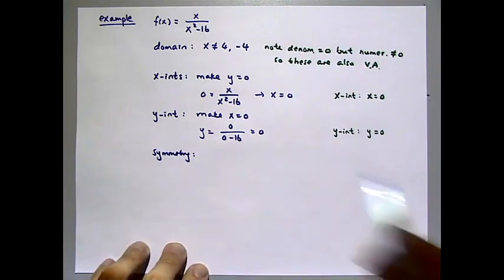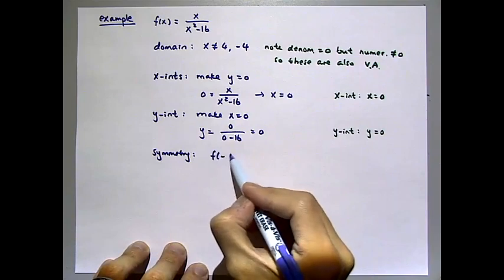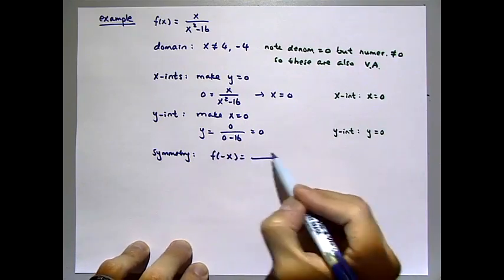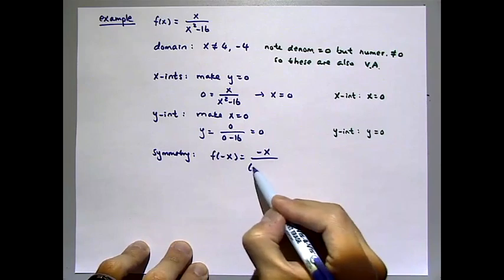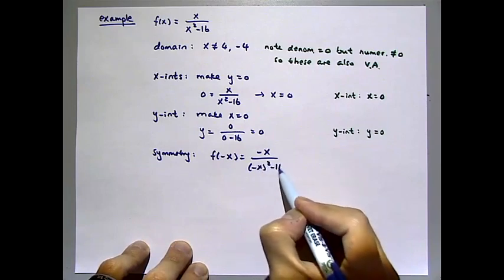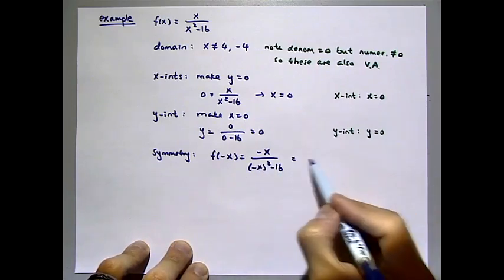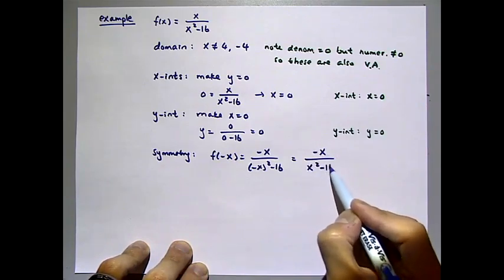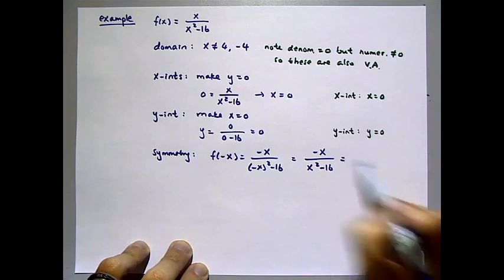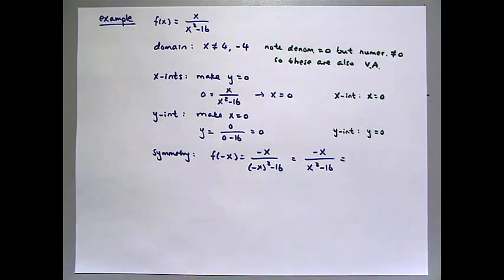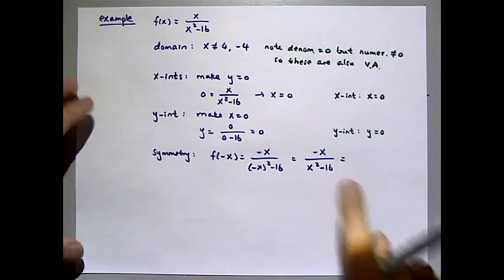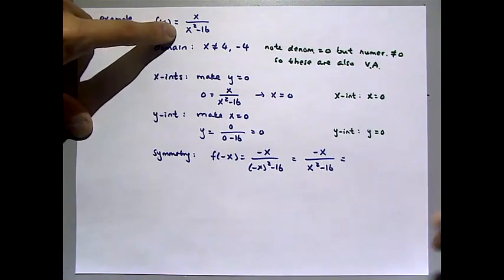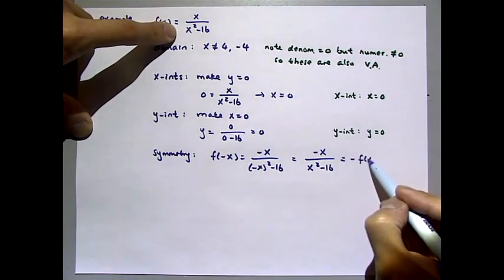Symmetry. We change every single x we see to a negative x. And notice after we simplify the bottom a little bit, this turns out to be the negative of what we started with.